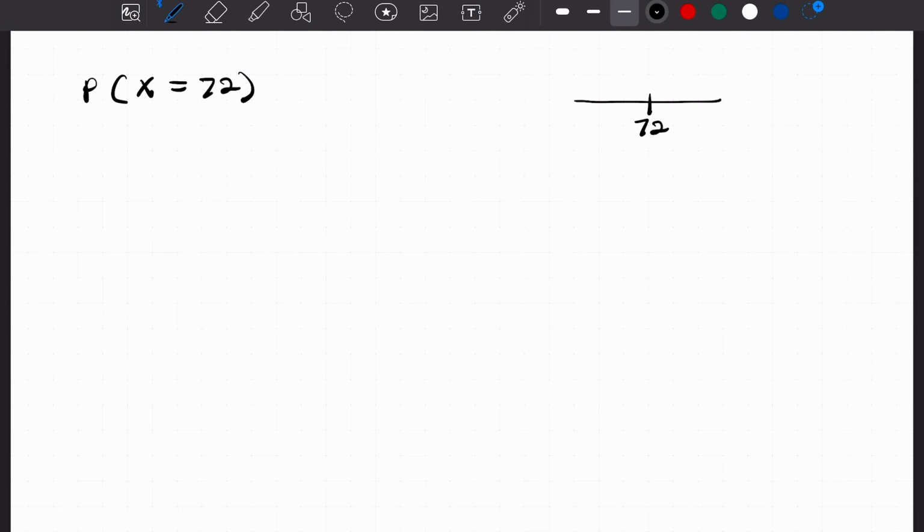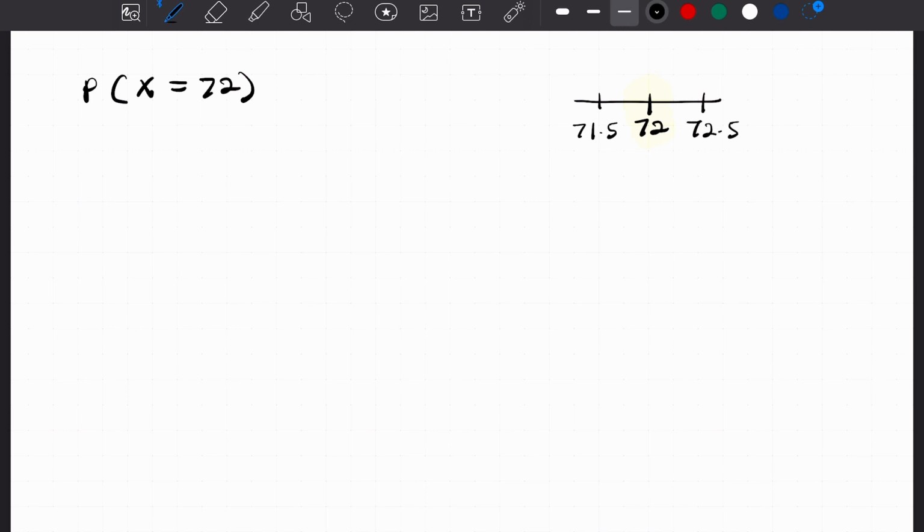We would like to include 72, so we do continuity correction: we minus 0.5 from 72 to get 71.5, and we add 0.5 to get 72.5.